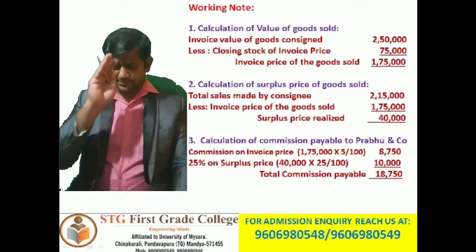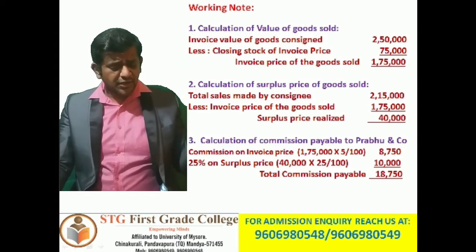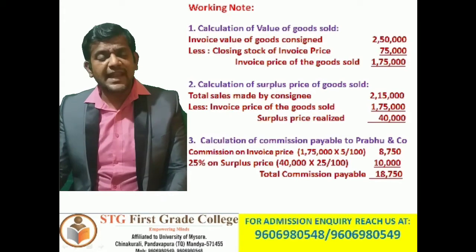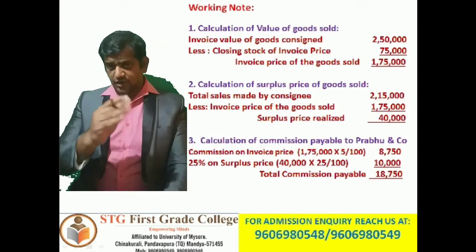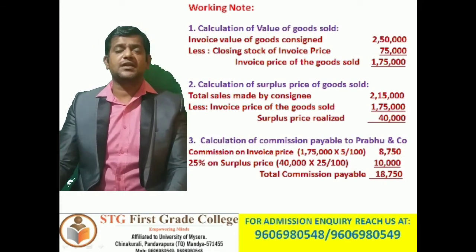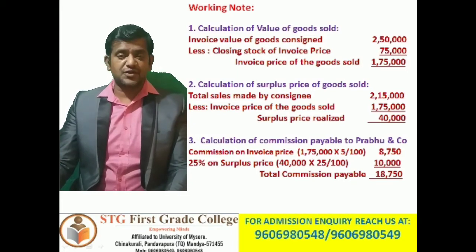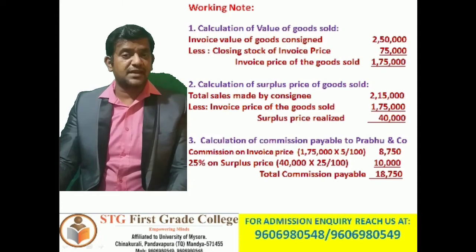Take down, that is commission on invoice price. So how much invoice price? Sales 1,75,000 into 5 by 100. So you are going to get 8,750 rupees. So the normal commission or total commission on sale is 8,750 rupees.